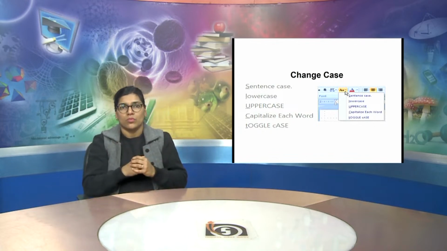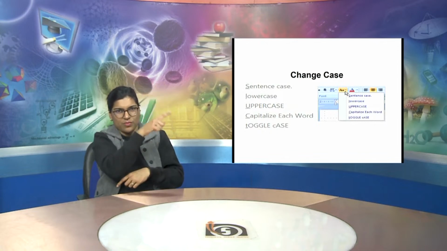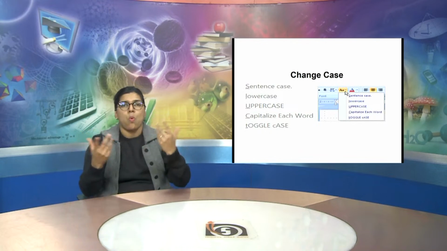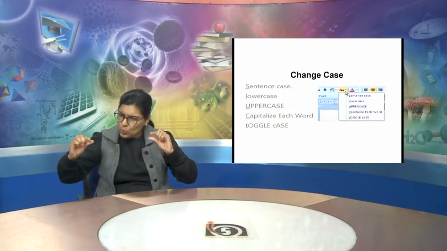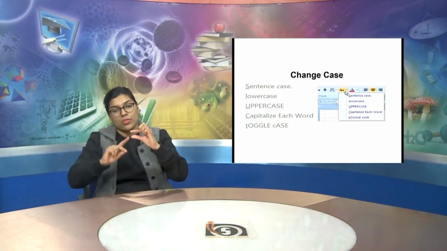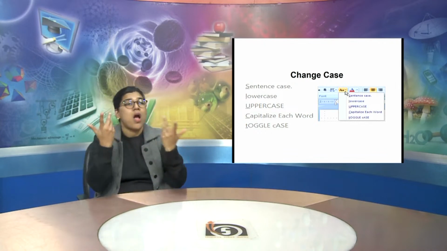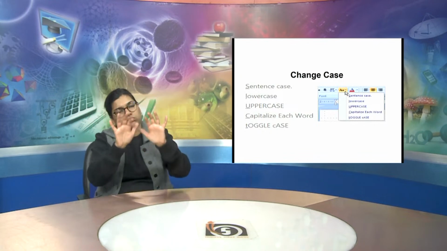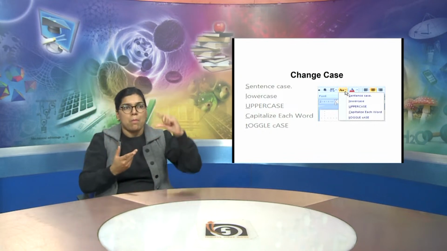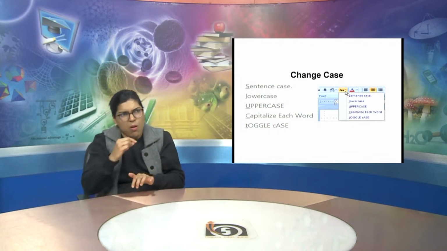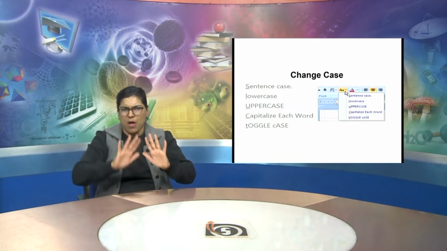Here we will understand the change case. How do we change the alphabet type? For example, if our content is in capital alphabets, we can convert that into small alphabets, or small and capital mix, or sometimes we can make it in sentence case.